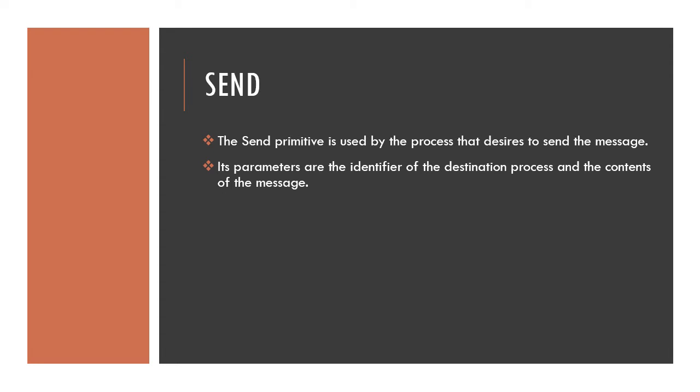Let us look at the send primitive. The send primitive is used by the process that desires to send the message. Its parameters are the identifier of the destination process and the contents of the message. The message passing module constructs a data unit that includes these two elements.